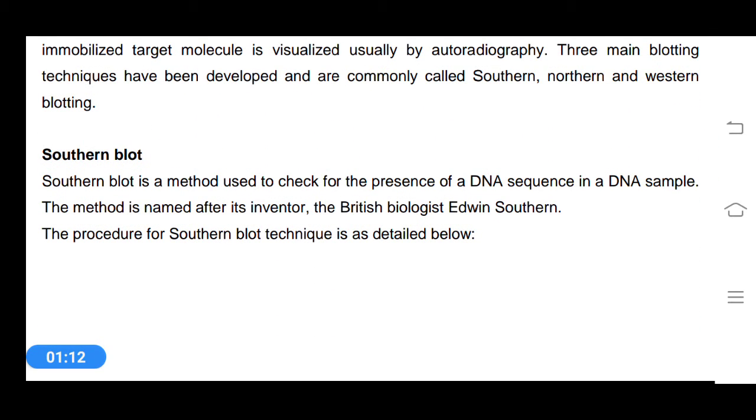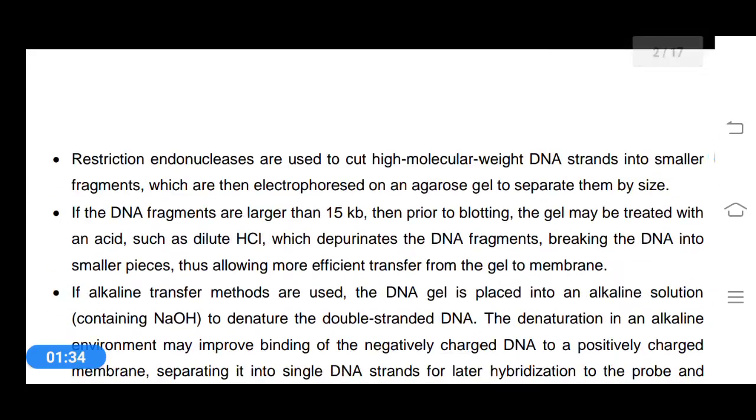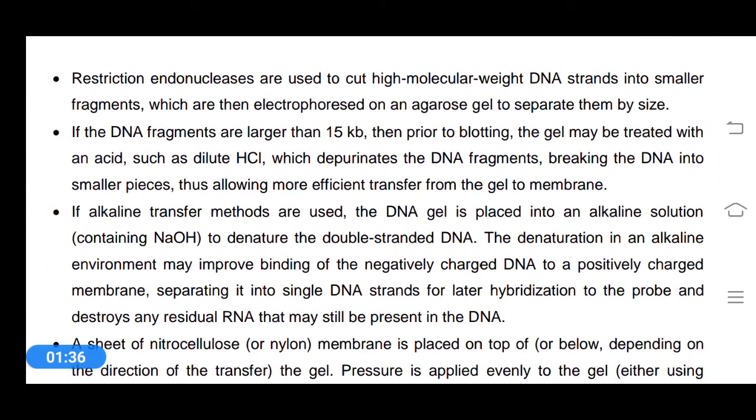Southern blotting is meant for the identification of DNA, and this method was invented by Sir Edwin Southern, and it is named after him. Now let's see southern blotting stepwise.